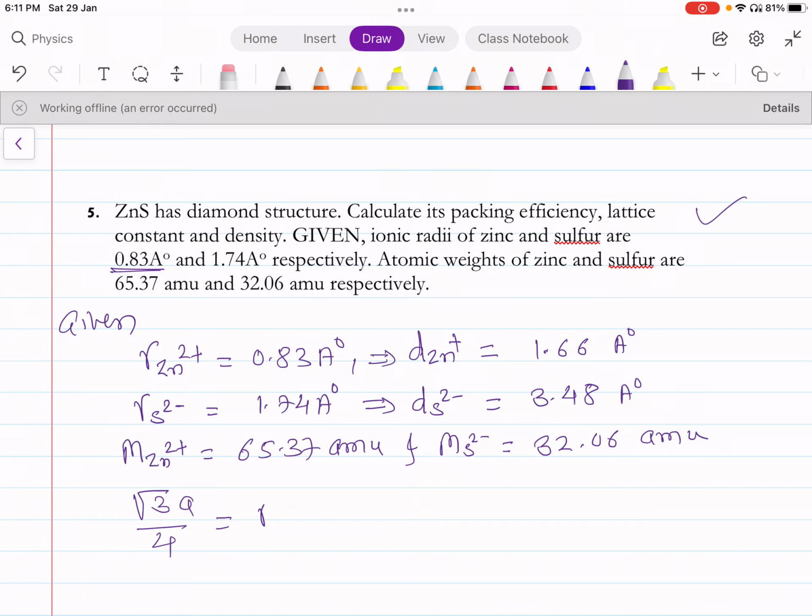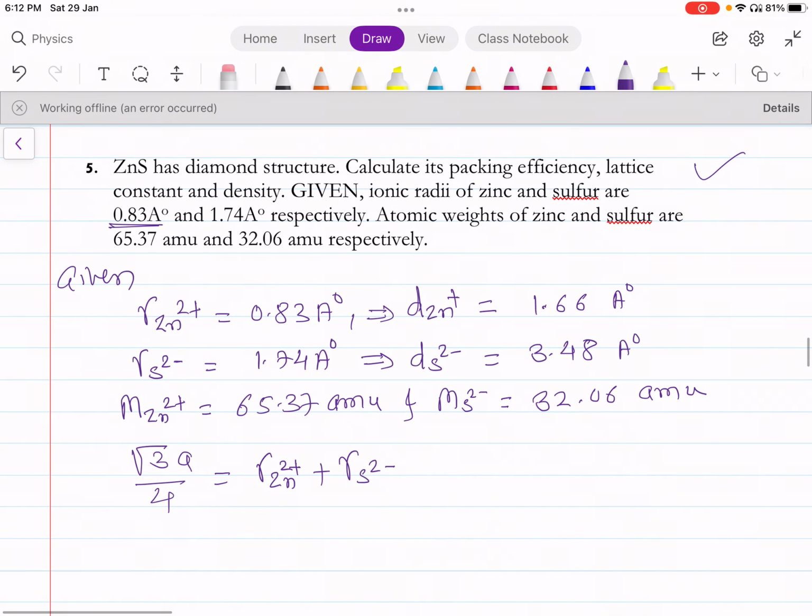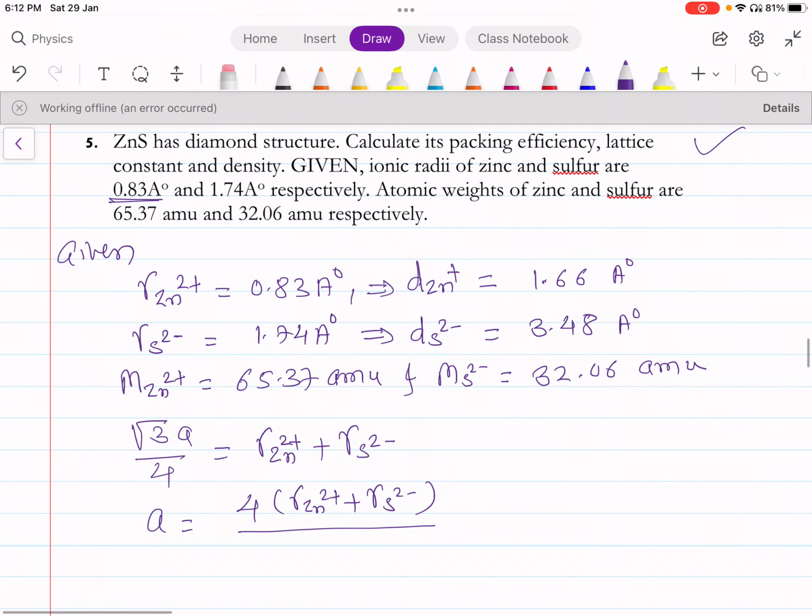So this is equal to radius of zinc ion plus radius of sulfur ion. This is the easy way to remember. And hence A equals 4 times radius of zinc ion plus radius of sulfur ion divided by root 3. So this is the formula to calculate the lattice constant.